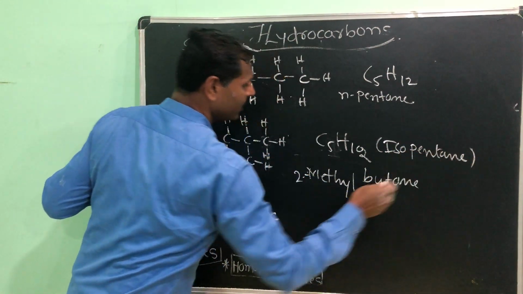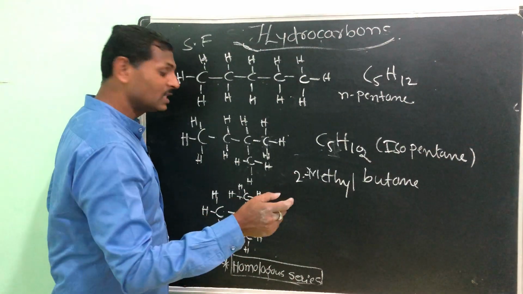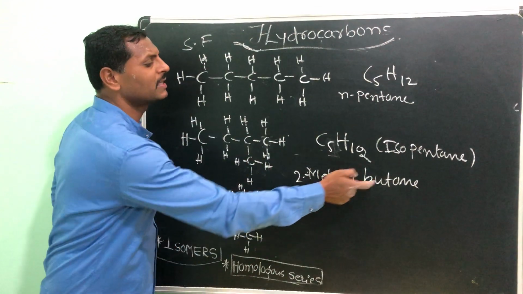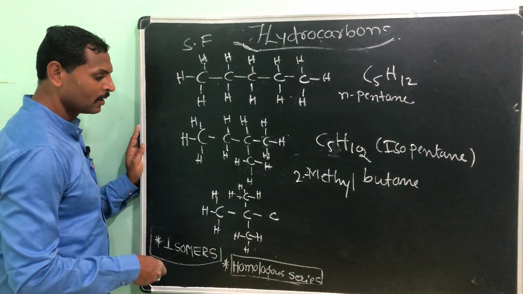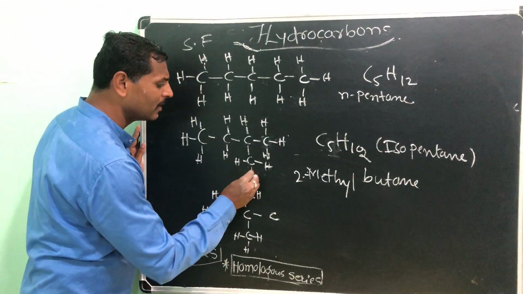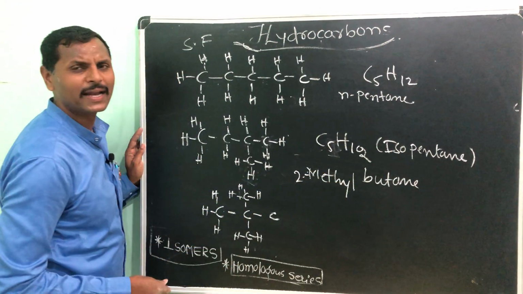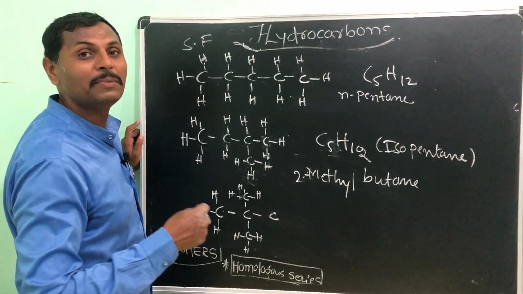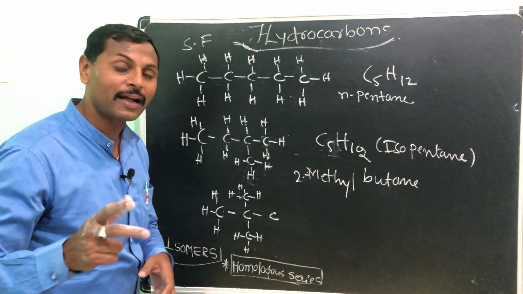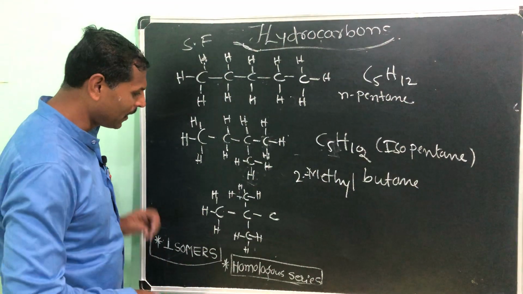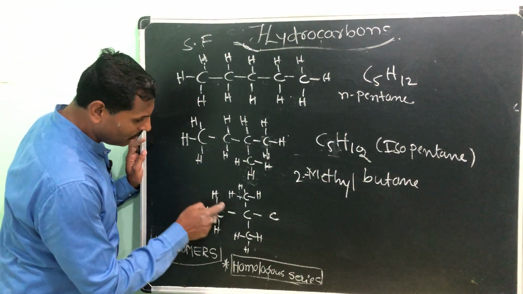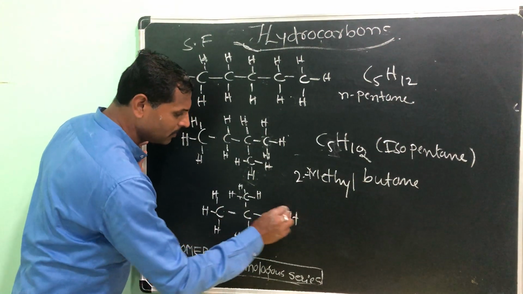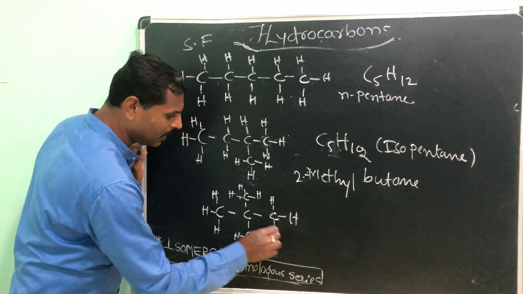Isopentane, or you can write the position of the methyl group attached to the straight chain, that is to the butane, 2-methyl butane, like this. You will learn all this type of naming in higher classes. Just a hint, a small taste of naming the hydrocarbons that I am showing you for the higher classes. Okay, and 1 2 3 4, here also this is already having 4 bonds, 1 2 3 and 4.